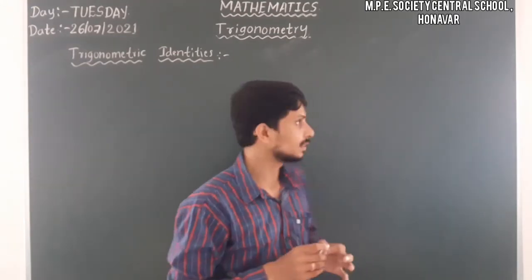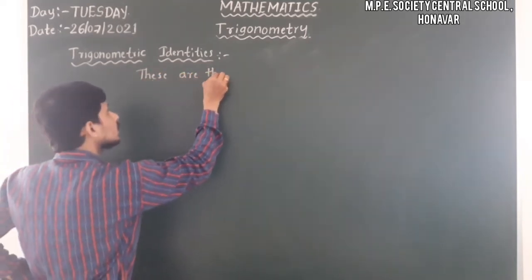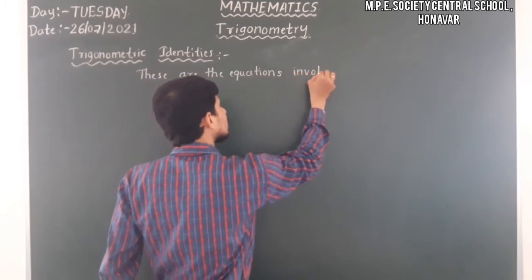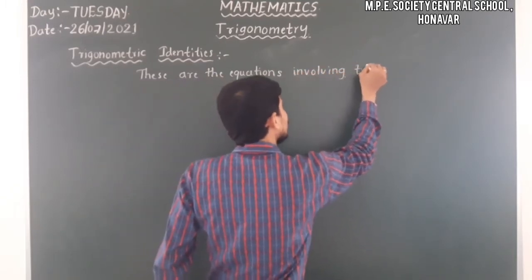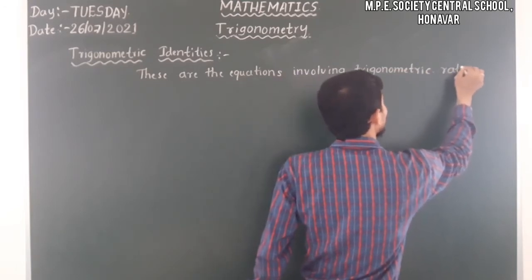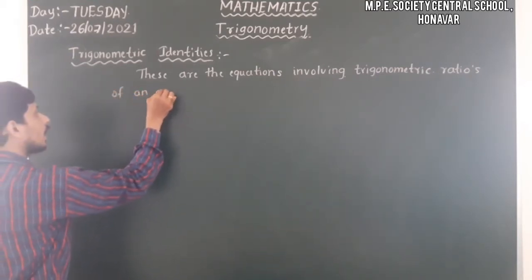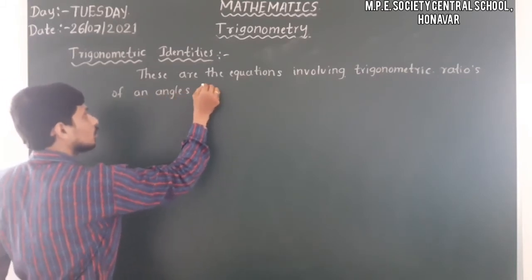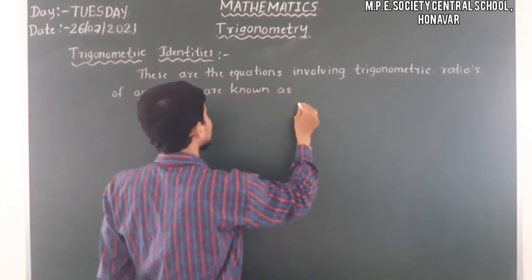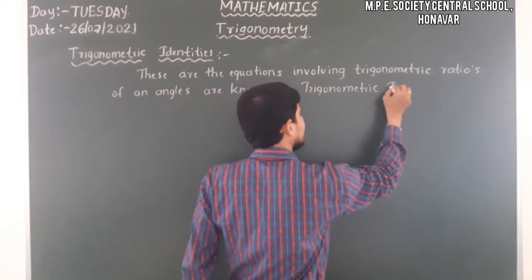These equations involving trigonometric ratios of an angle are known as trigonometric identities.